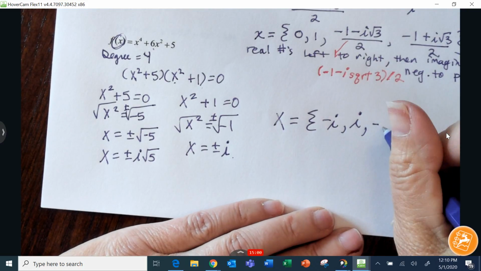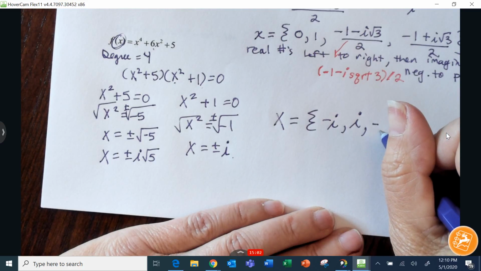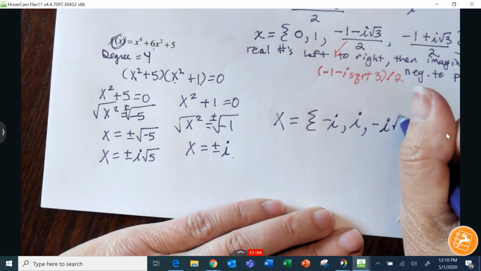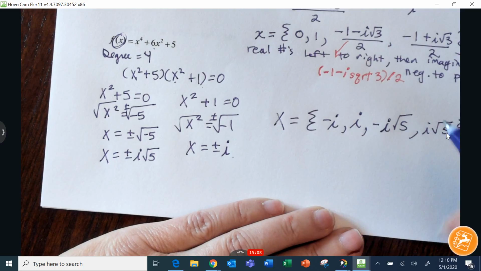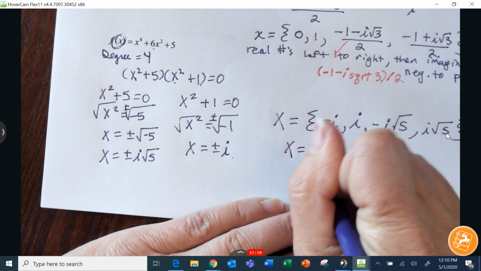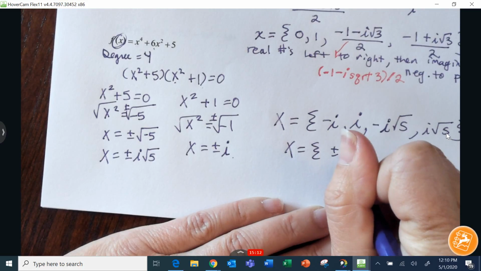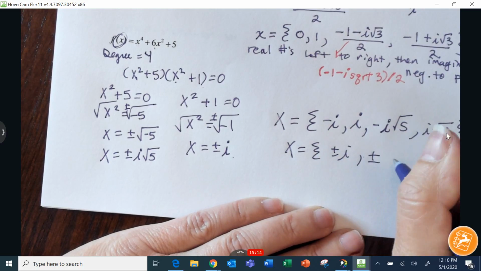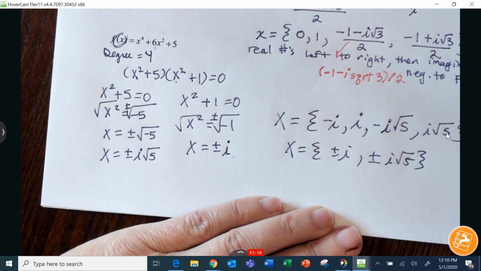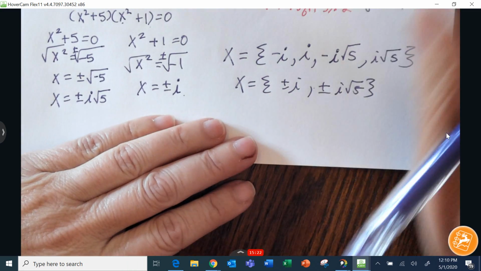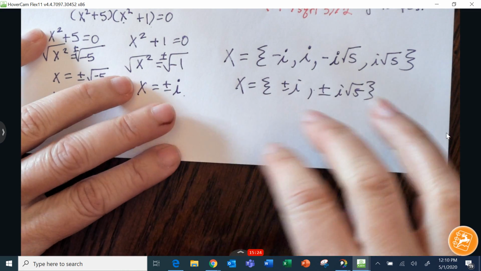Let me write these down: negative i radical 5, and then positive i radical 5. Honestly, if I were just doing this on paper, I would write plus minus i radical 5. That's how I would write it on paper, but unfortunately, we're not doing that if I'm giving you an assessment or if you're typing it in Canvas.